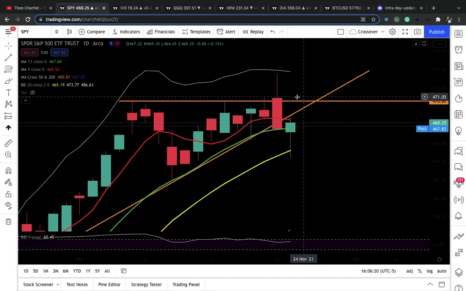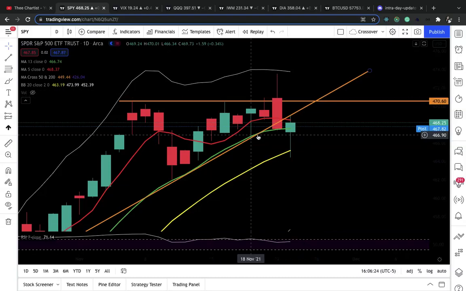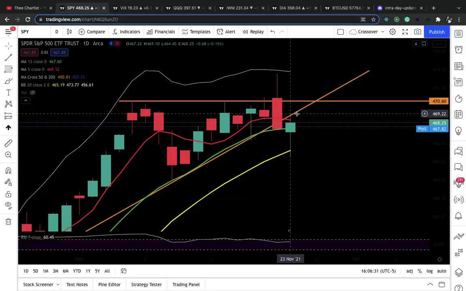Okay, guys? But here's the thing: price action is number one, and you guys know that if you've been my viewers for a while. Price action trading over here. So what we want to see is if SPY reclaims this level, breaks above 469 and gets back above this trend line. Make sure you're trading with a chart.